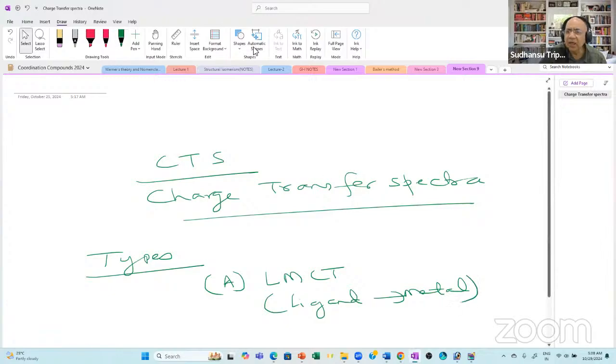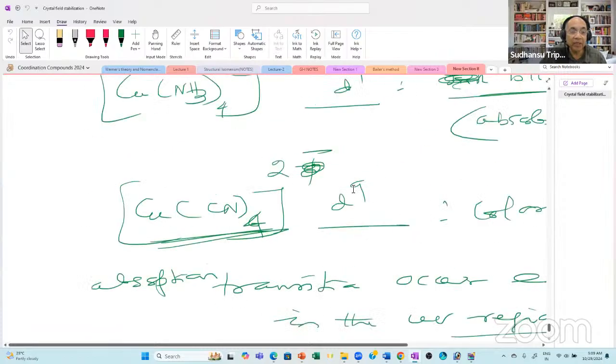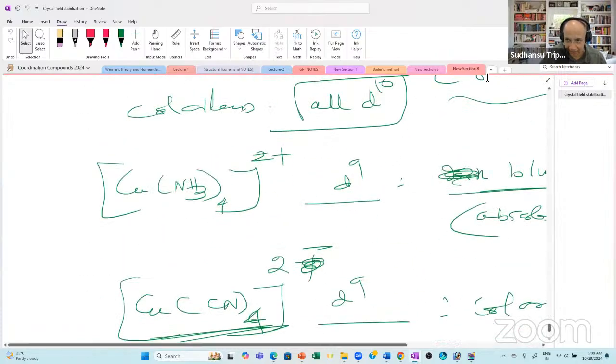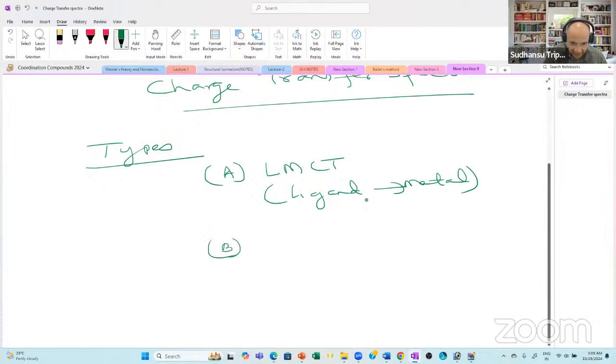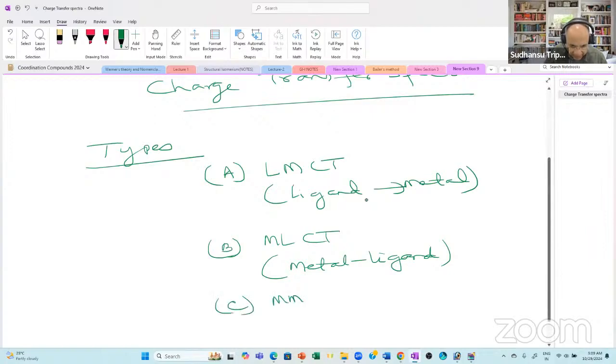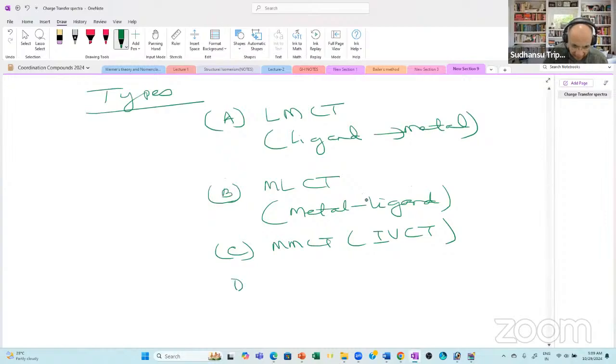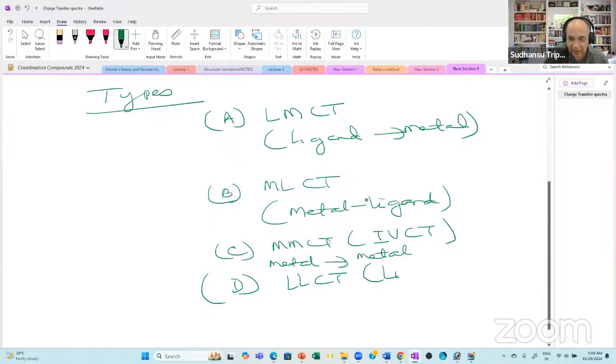And MLCT, metal to ligand, and very uncommonly MMCT, metal to metal, also called intervalence charge transfer, and most uncommonly LLCT, ligand to ligand.